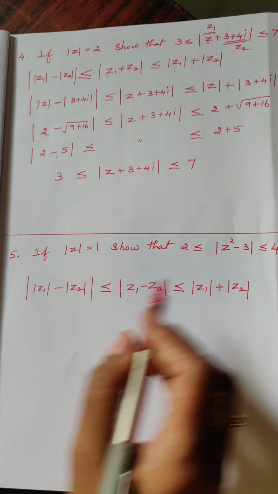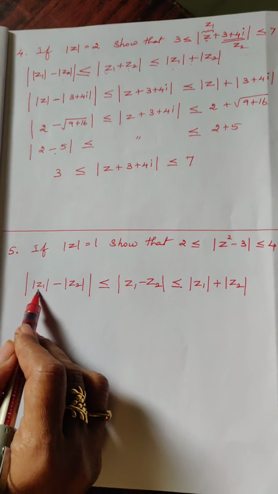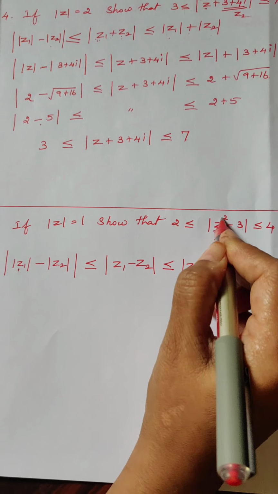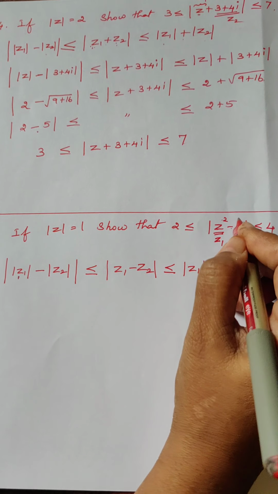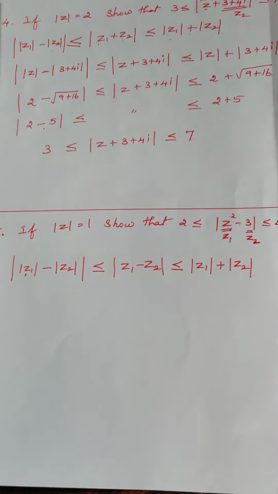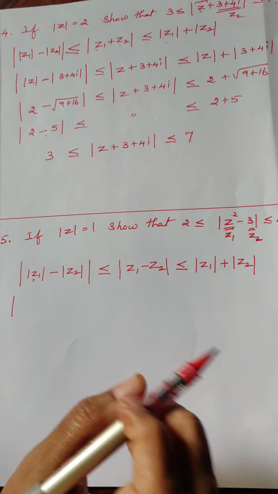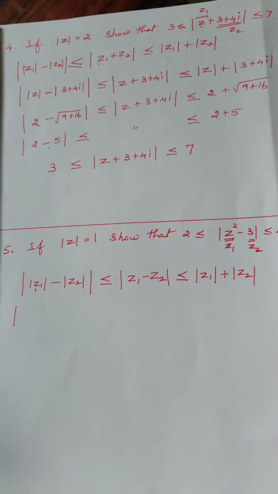Okay. Now, for z1 I am going to take z square, that's all. I am taking z square as z1 and z2 as 3. I am just going to substitute these two values. You should not panic on seeing z and z square, the same procedure we are applying.